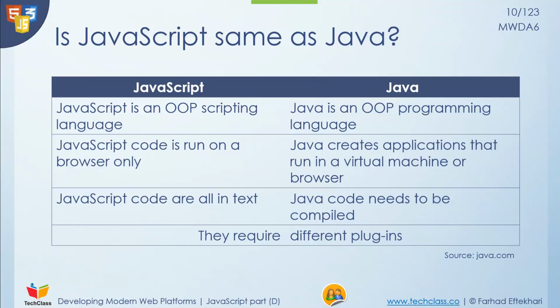But when you write Java applications or programs, after you write them and have them as a project, you need to compile them, and then after those applications are compiled, you can upload them or run them in virtual machines or browsers or whatever to work with. And of course they require different kinds of plugins in order to run.